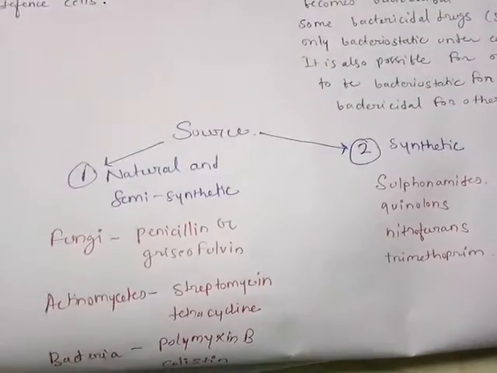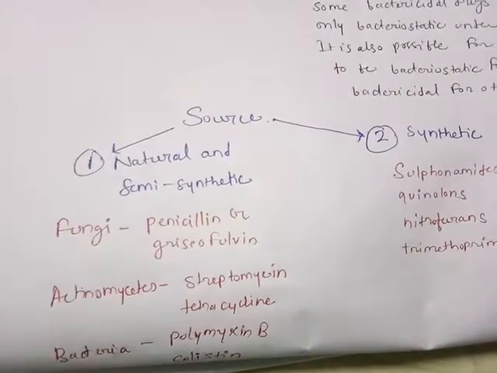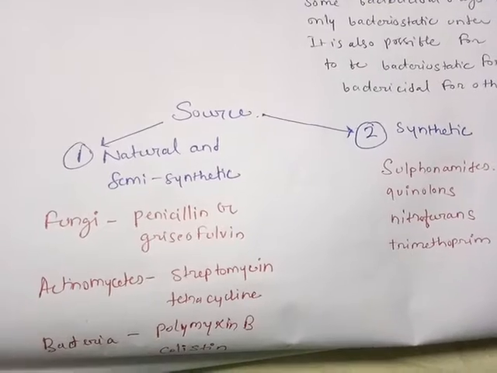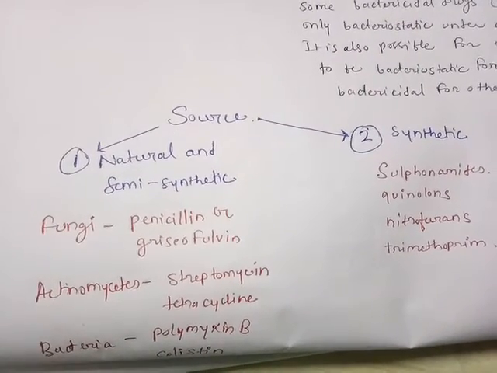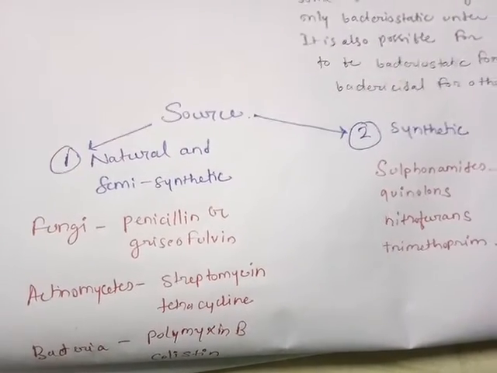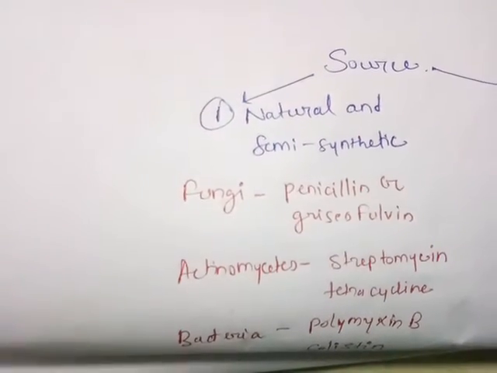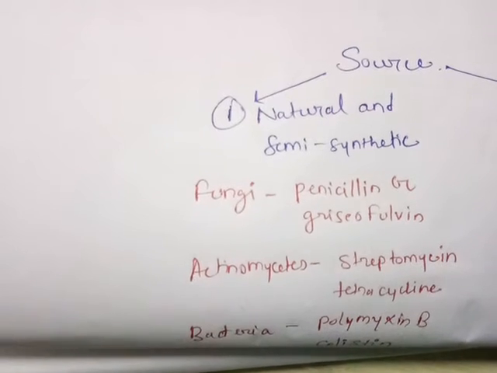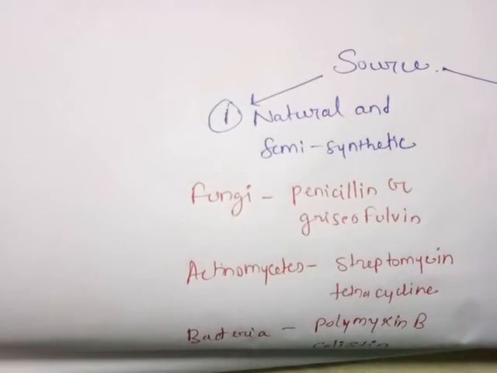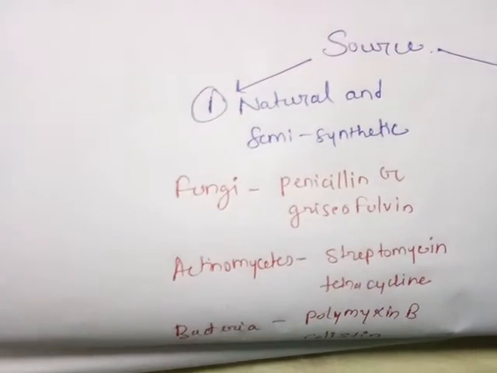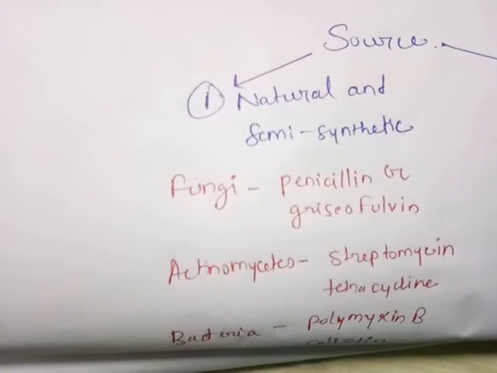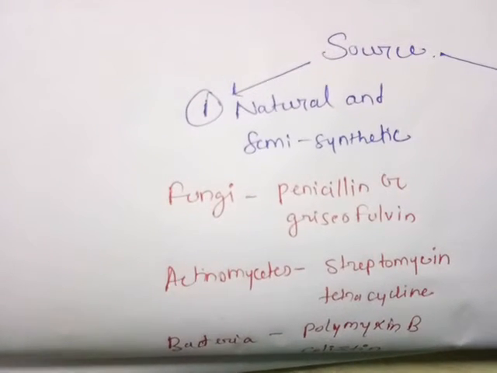Now coming towards the last part of our classification of antimicrobials. They are here classified on the basis of the source from which they are obtained or synthesized. First, on the basis of their origin from natural and semi-synthetic sources, penicillin G and griseofulvin are obtained from fungi.